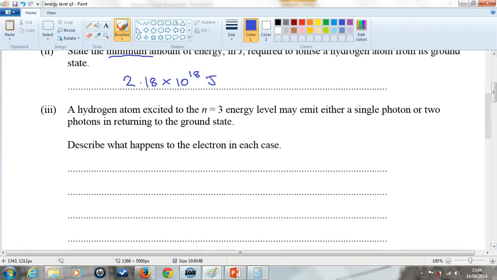Now it's saying that an atom is excited to the n equals 3 energy level, and as it de-excites, it might emit either a single photon or 2 photons. And the question wants you to describe what's happening in each case.